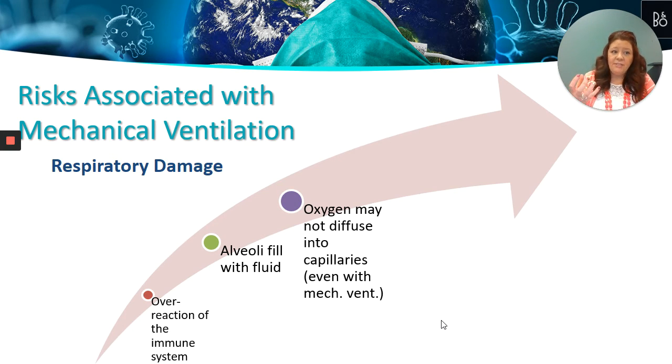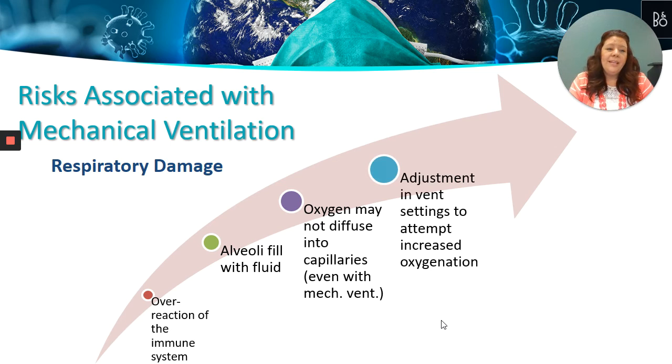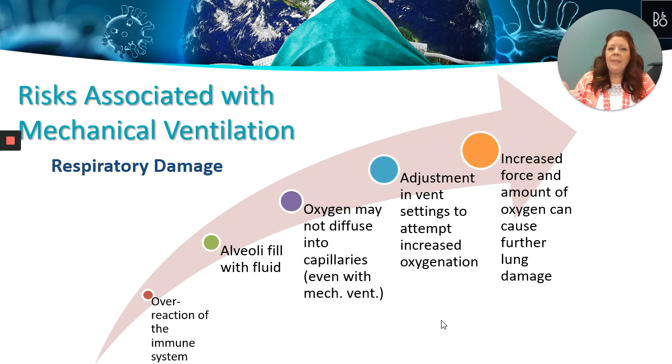We still have to have that surface area between the alveolus and the capillaries to actually have diffusion of oxygen. So what happens is they have to adjust those vent settings in order to attempt to oxygenate these people. And by doing that, they're increasing the force and the amount of oxygen that's actually put into the airways. And this, as a result, can cause more respiratory damage.